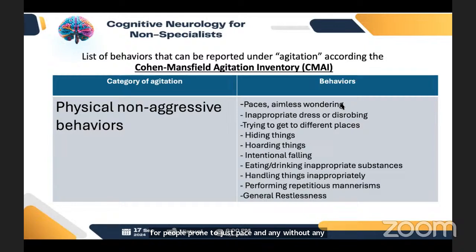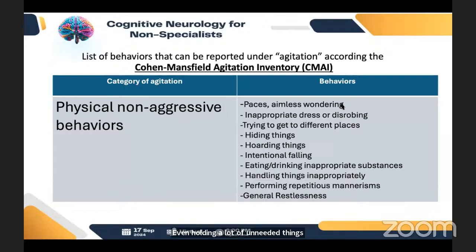It could also be inappropriate dressing, or disrobing or undressing in front of others, trying to get to different places, hiding things and hoarding things. Sometimes it could be so disturbing that patients might have extreme symptoms of hoarding a lot of unneeded things.